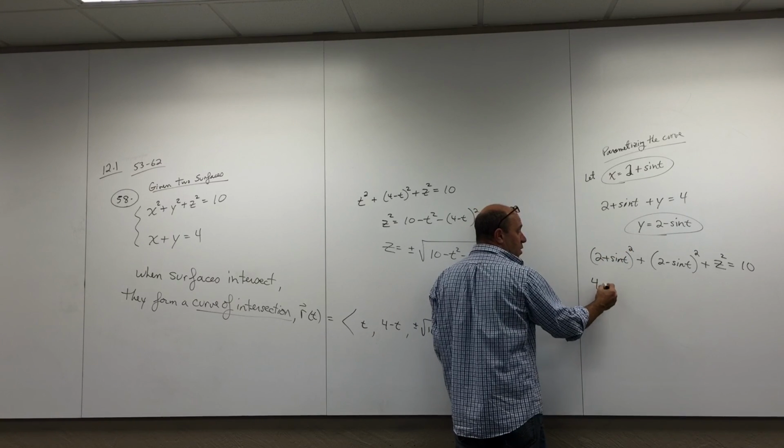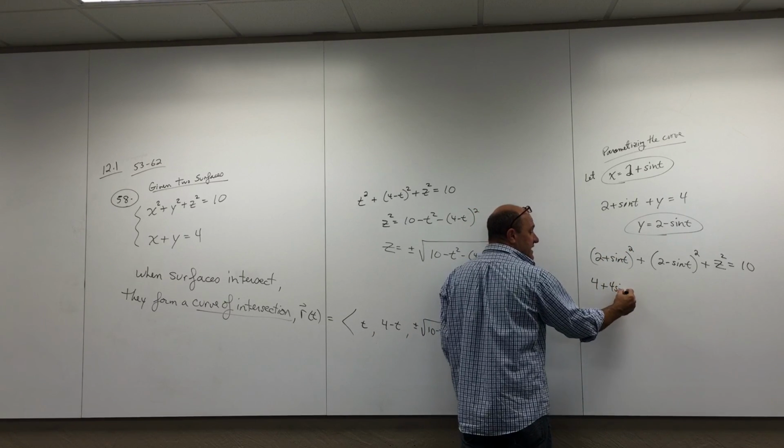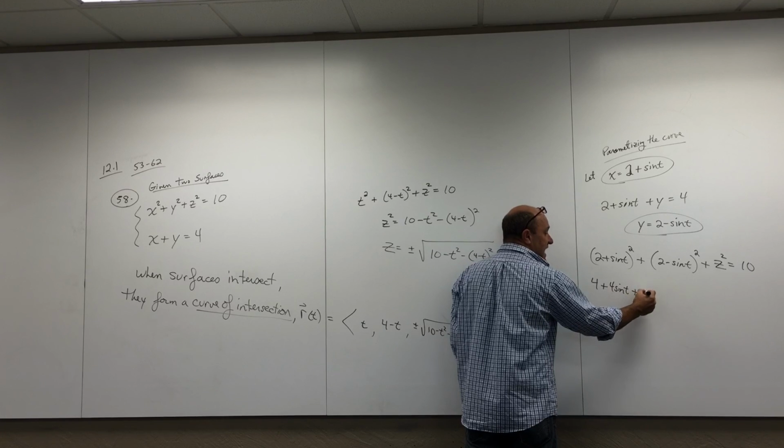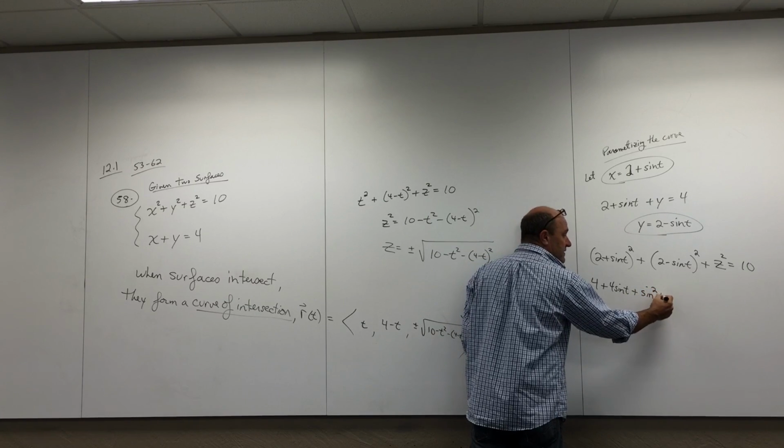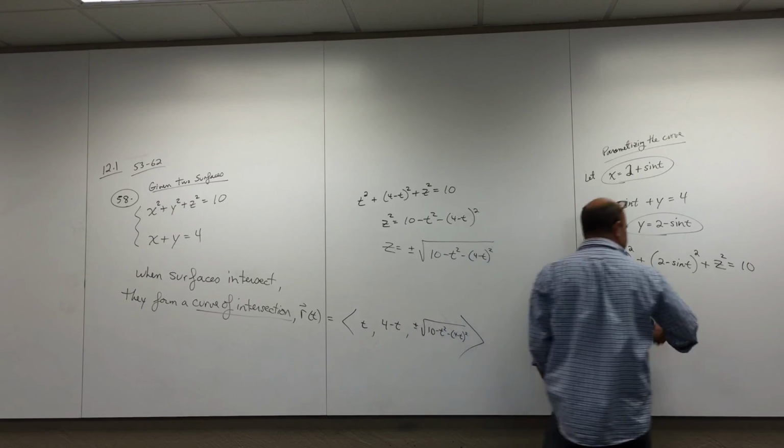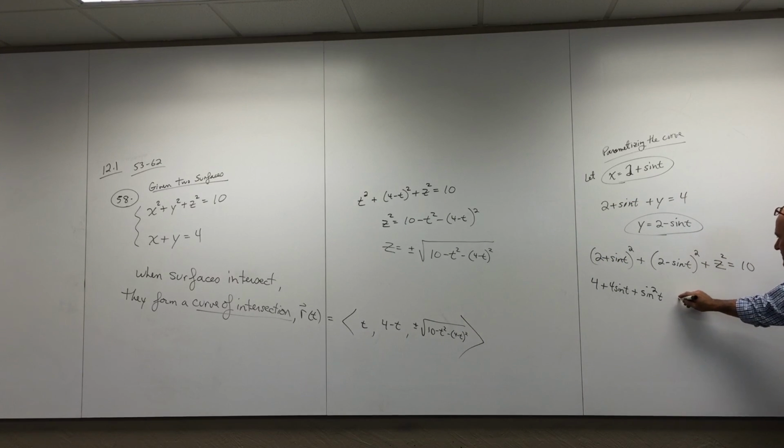It's going to be 4 plus 4 sine t plus sine squared t. Maybe it doesn't clean up as much as I thought. I'm going to FOIL this out. It's a 4 minus 4 sine t, when you FOIL this out, plus a sine squared t, plus a z squared equals 10.